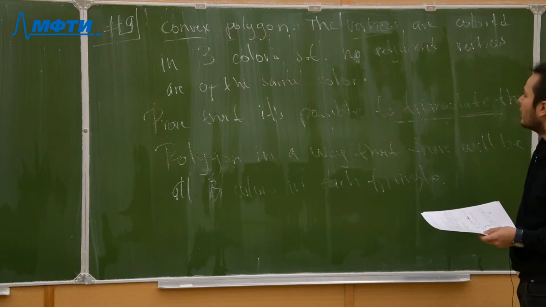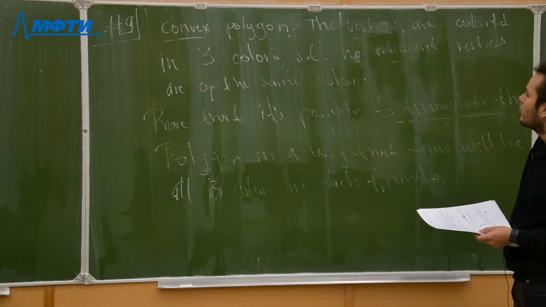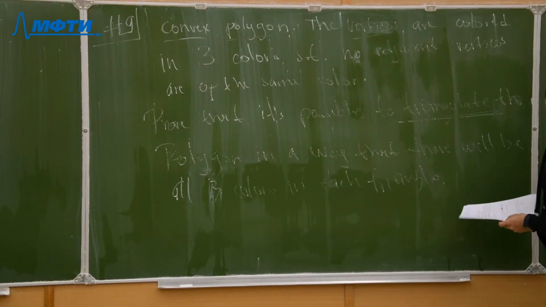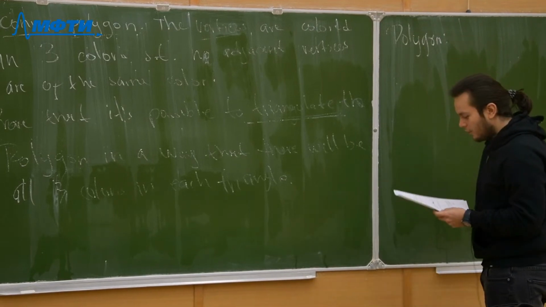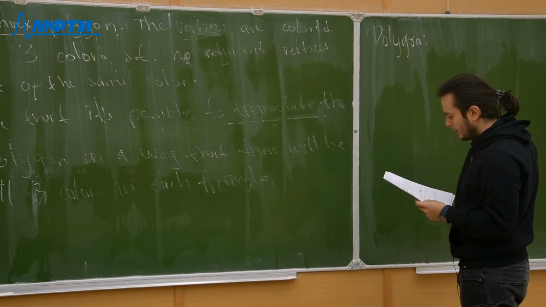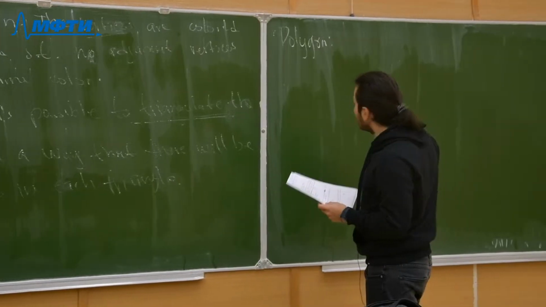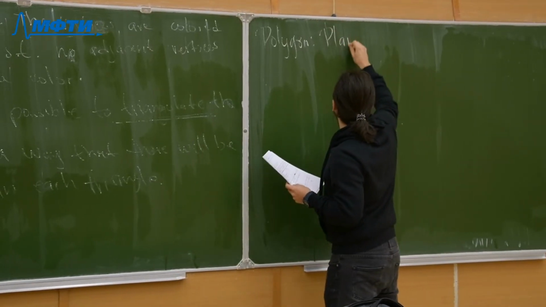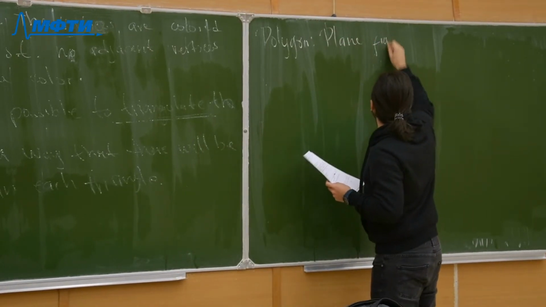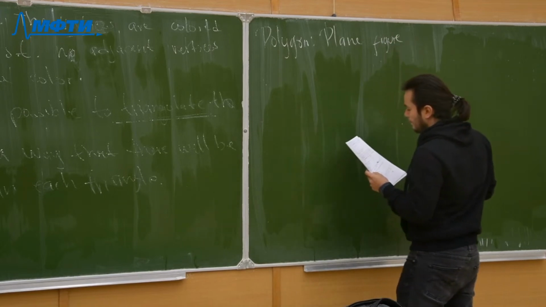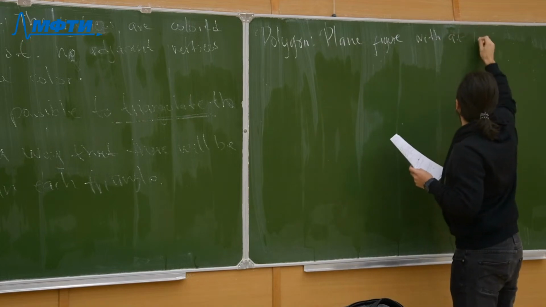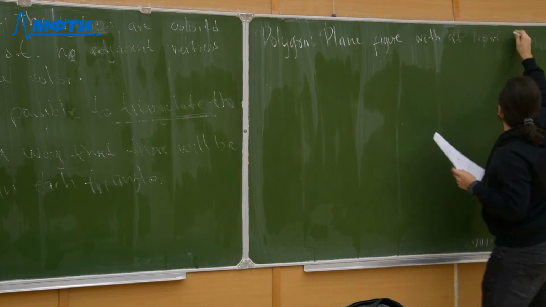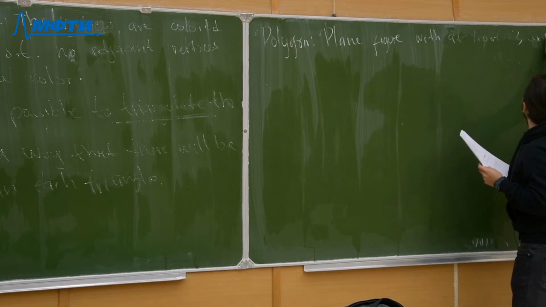Okay, so first of all, polygon. I'm going to write this because I don't know if all of you know this. So this is a plane figure with at least three sides, right?